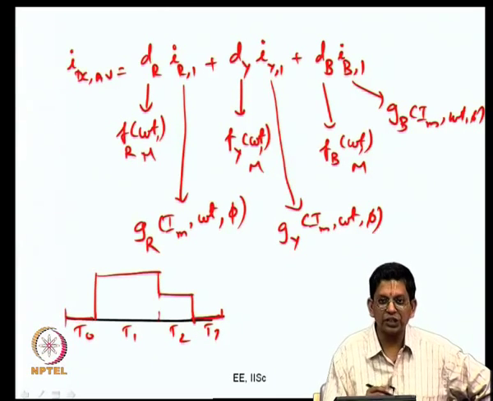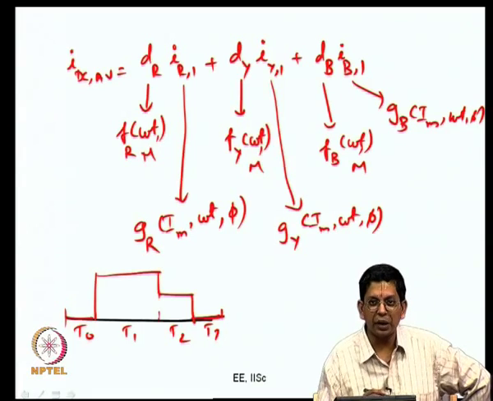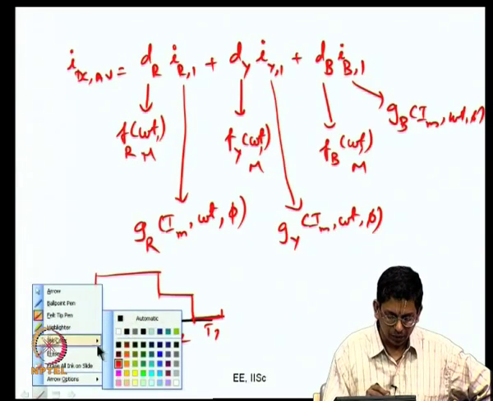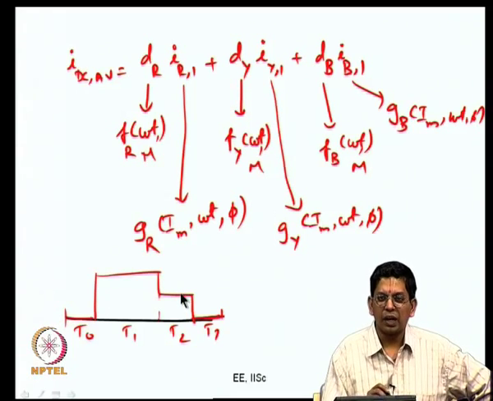Now, what is going to change? The same operating condition. The same operating condition basically means Vref and alpha are same, and the Im values are same, the fundamental currents are all same, and Vref and alpha are same, meaning T1 and T2 are same.